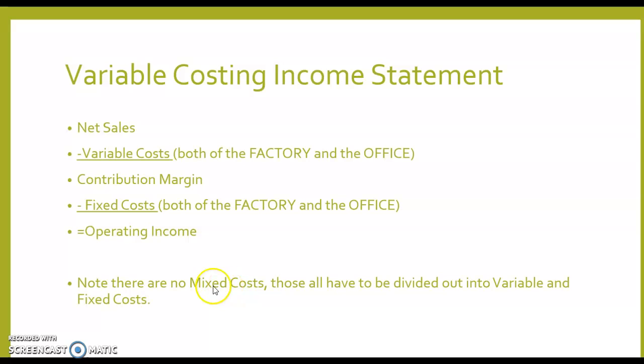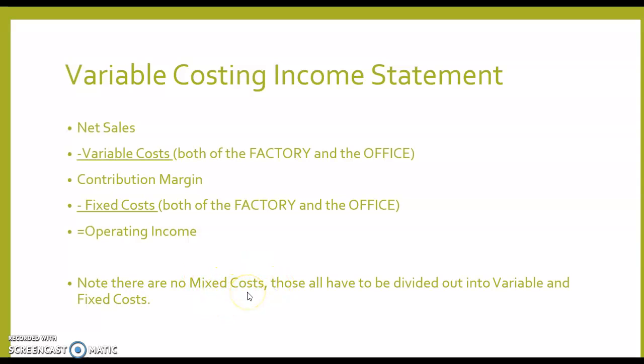Now, if we had any mixed costs, those are costs that are part variable and part fixed. We can't have those for this variable costing income statement. And management is going to use this information from variable costing to make managerial decisions. So we can't have mixed costs.